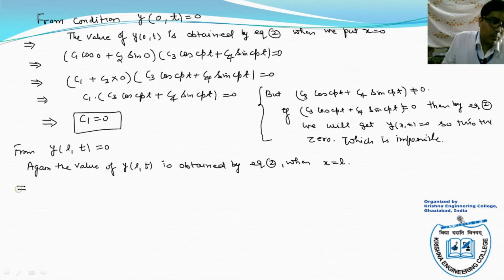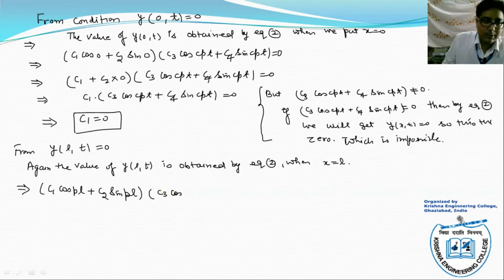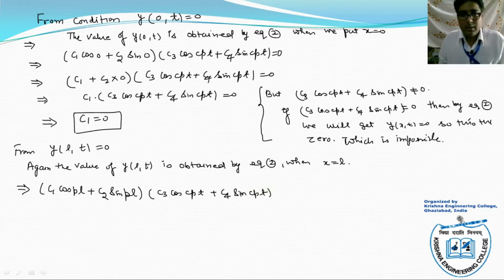So the y of l comma t becomes, put x equal to l in equation second. So we get C1 cos pl plus C2 sin pl into C3 cos cpt plus C4 sin cpt is equal to 0.